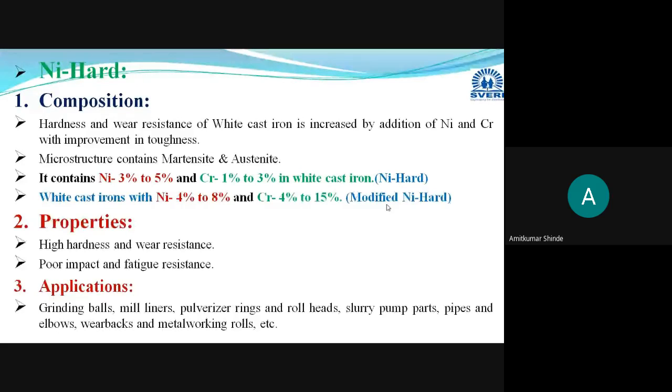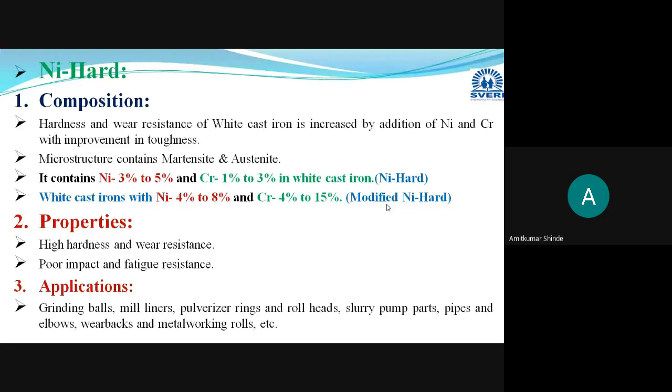Now why are we adding more chromium? Because whenever we use less chromium, it is somewhat brittle, or you can say strength is there, but it does not have the ability to absorb shocks. But whenever the amount of chromium is more, it provides more carbides, which results in more strength by reducing that brittleness.